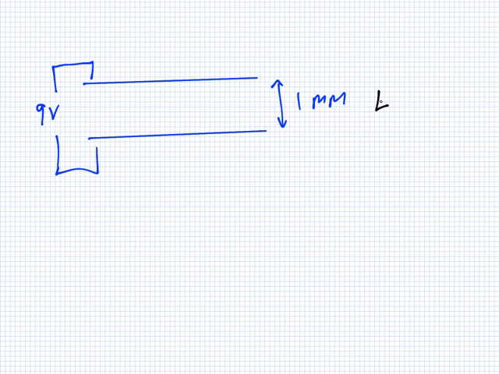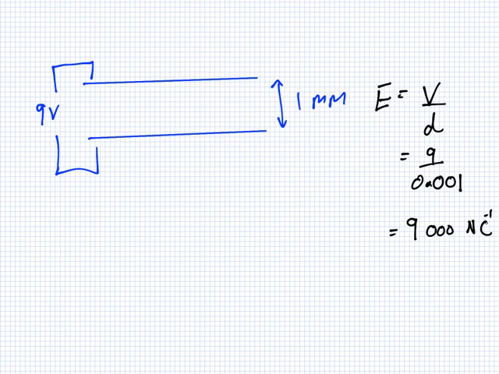So the electric field strength is V over d, which would be 9 over 0.001. So the electric field strength is 9,000 newtons per coulomb.